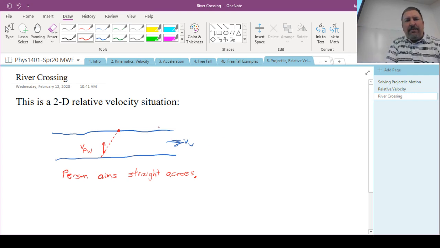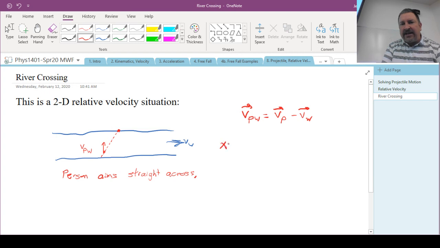And what you basically have to do is separate it into x direction and y direction. So you start with v person relative to water is v person minus v water, vectors. And then you say x direction, v person water x is equal to v person x minus v water x.